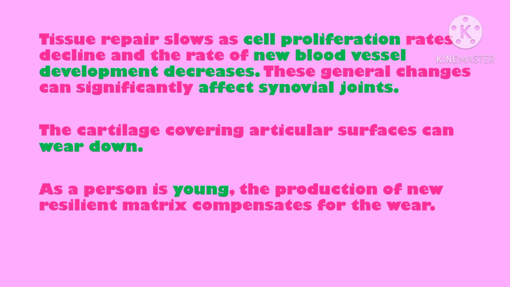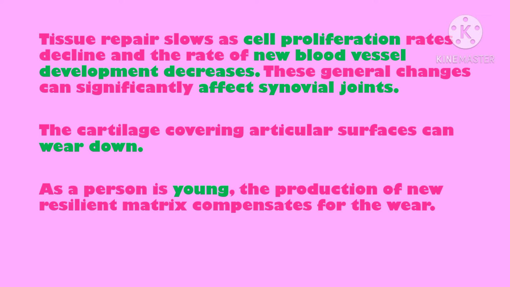The synovial joint allows the bones to slide past each other or to rotate around each other. In addition, with use, the cartilage covering articular surfaces can wear down also. This articular surface is the joint cartilage.